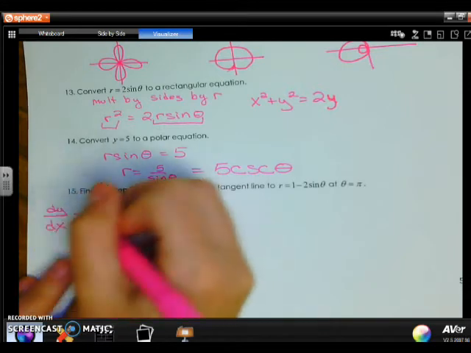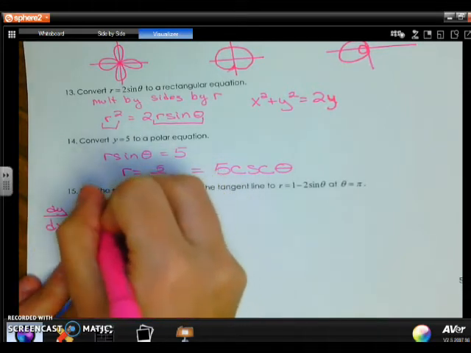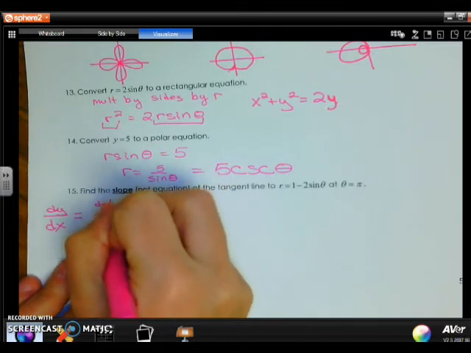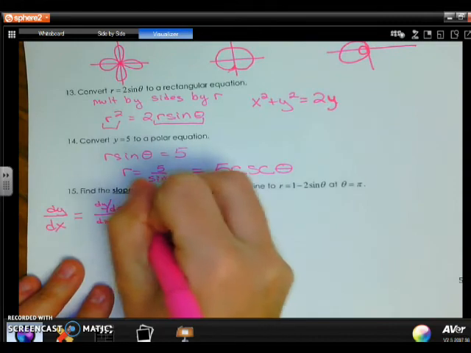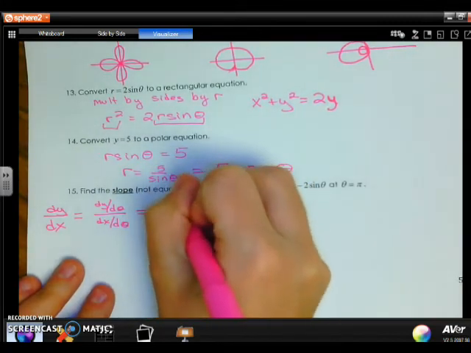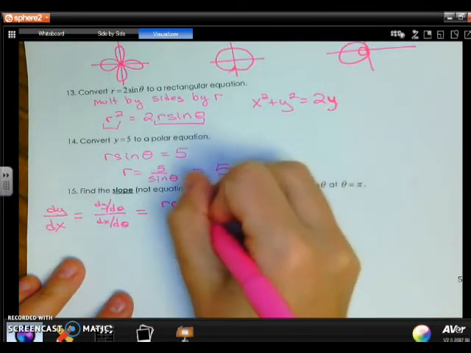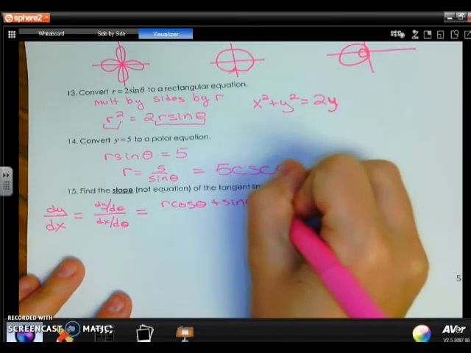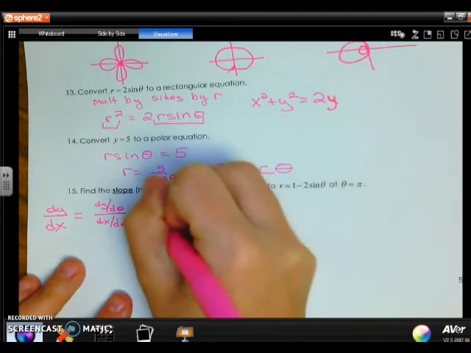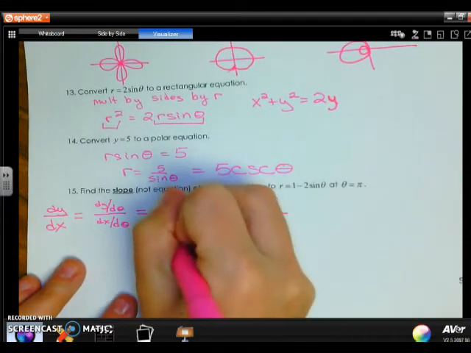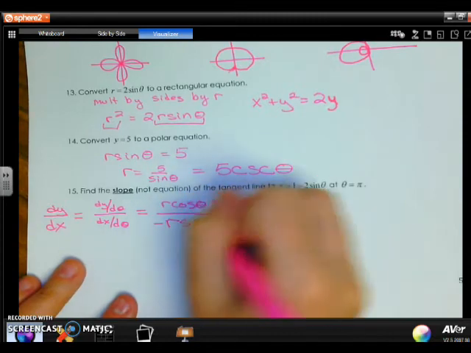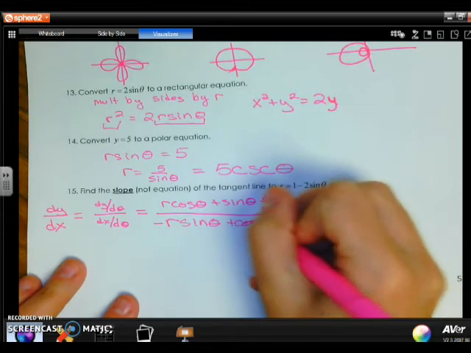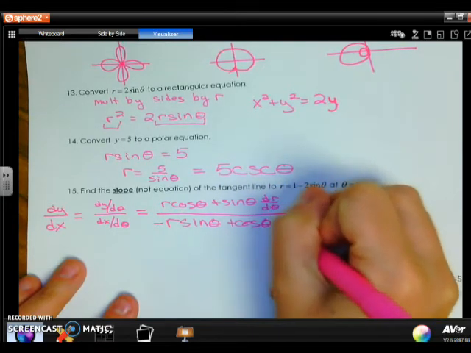And again, this formula is derived using the product rule, but really it's dy/dθ over dx/dθ. And it's r cosine theta plus sine theta dr/dθ, over, don't forget it's going to be negative in the bottom, negative r sine theta plus cosine theta dr/dθ.